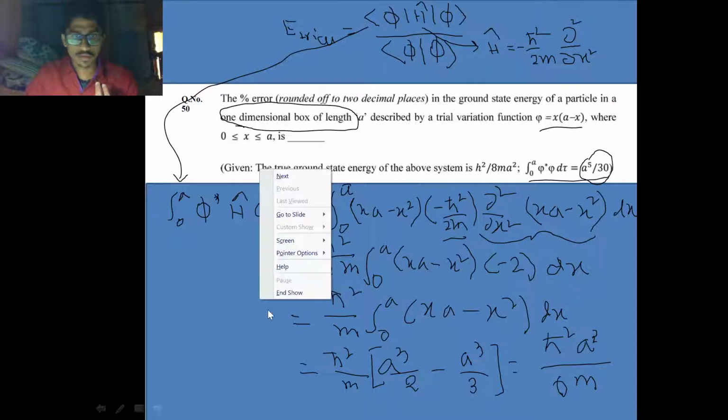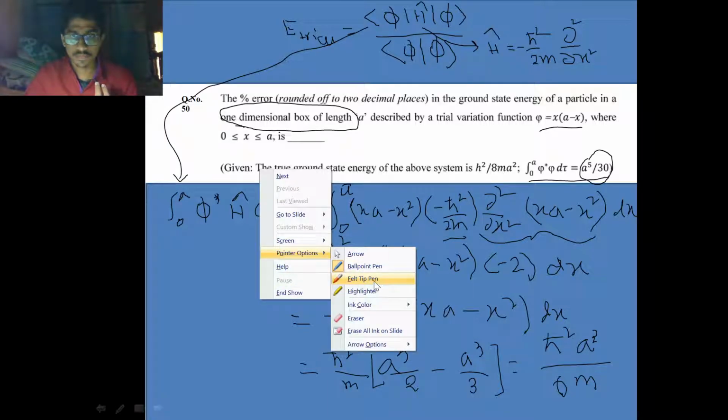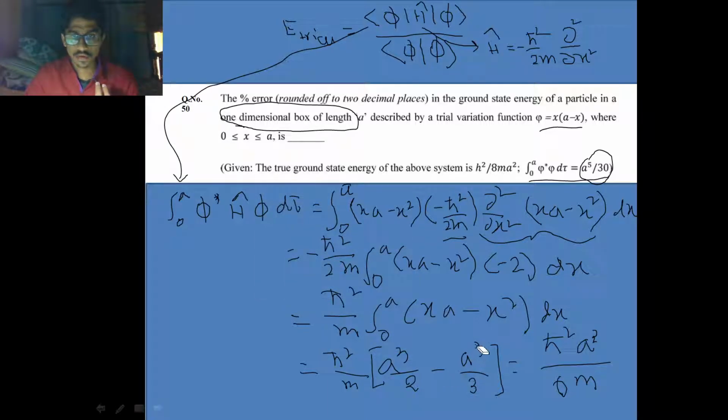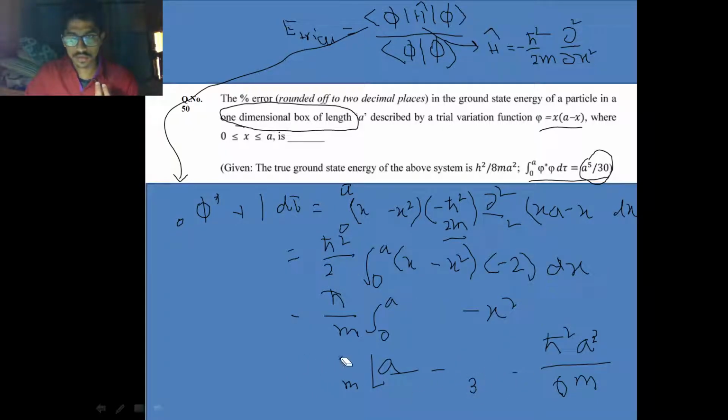And let me erase all the things, the integral part, because we have not enough space to solve. Okay, just a second.